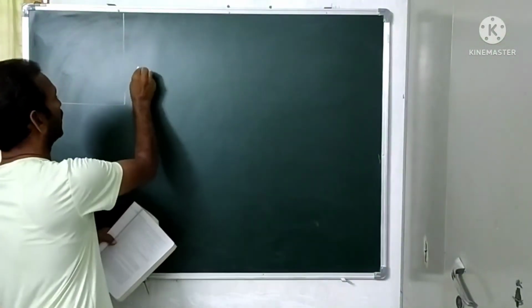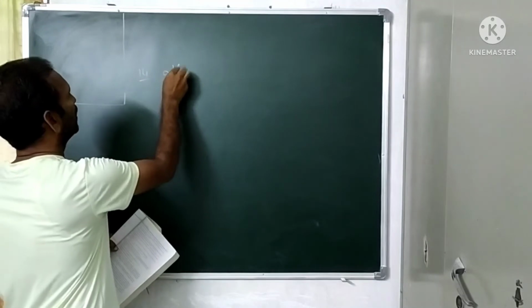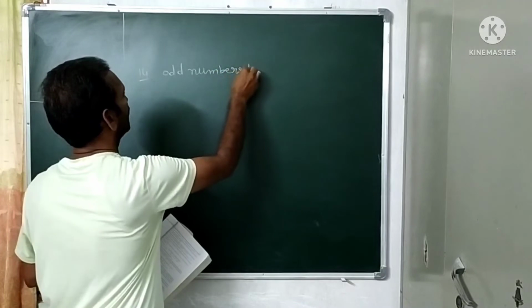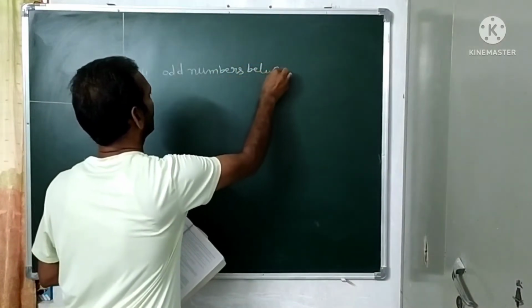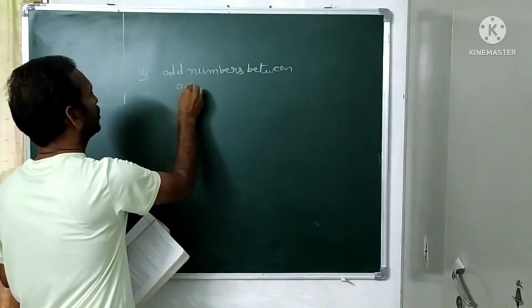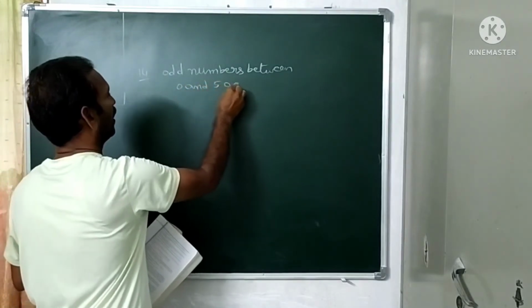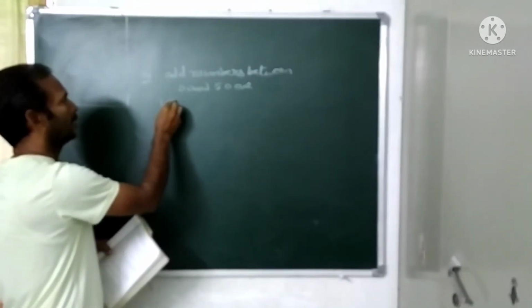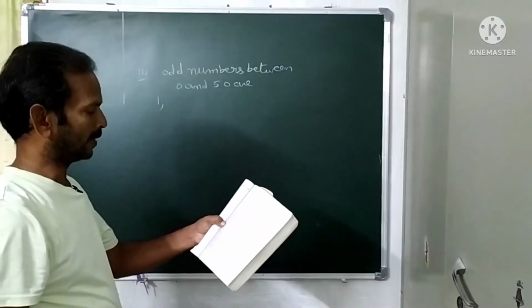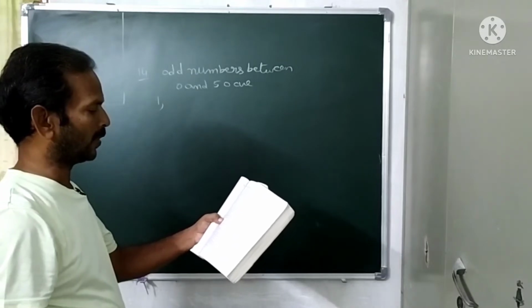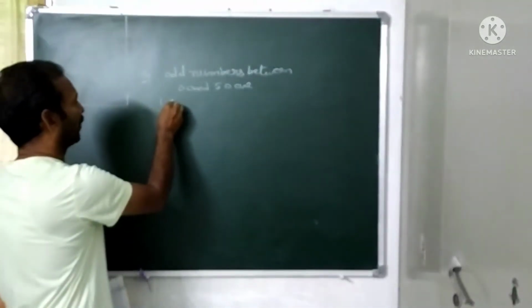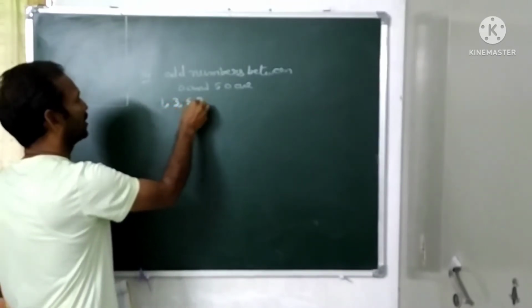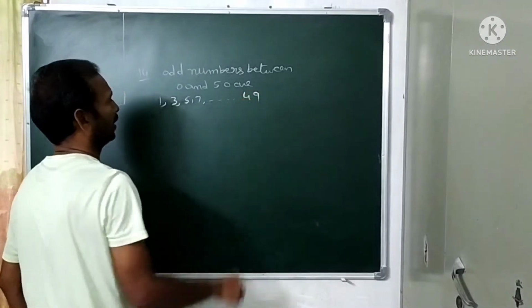Problem number 14. Odd numbers between 0 and 50 are: after 0 comes 1, then 3, 5, 7, and so on, last number 49.